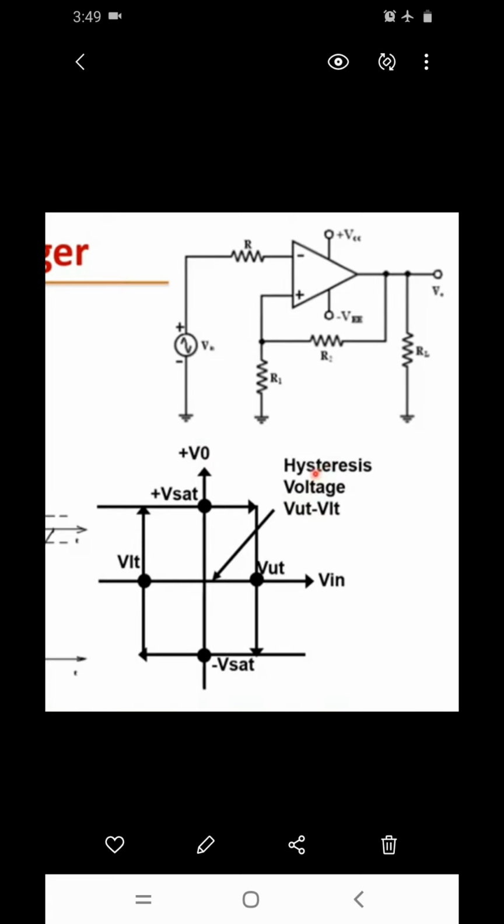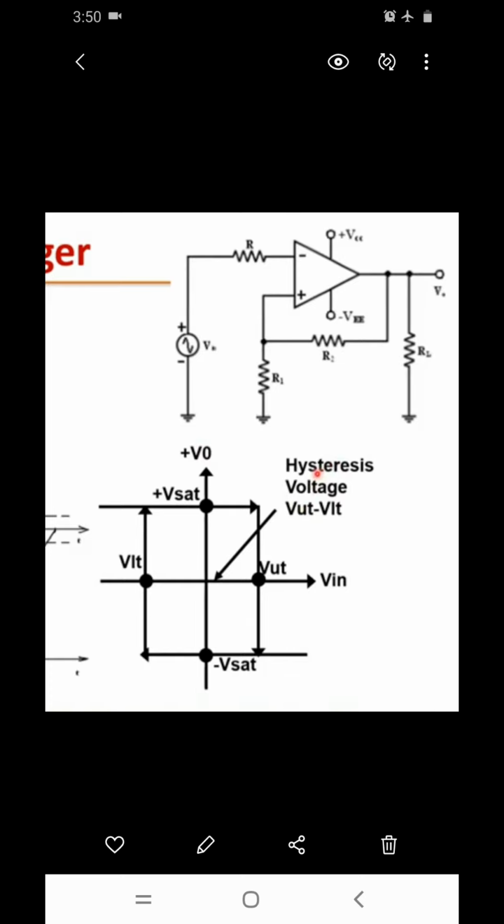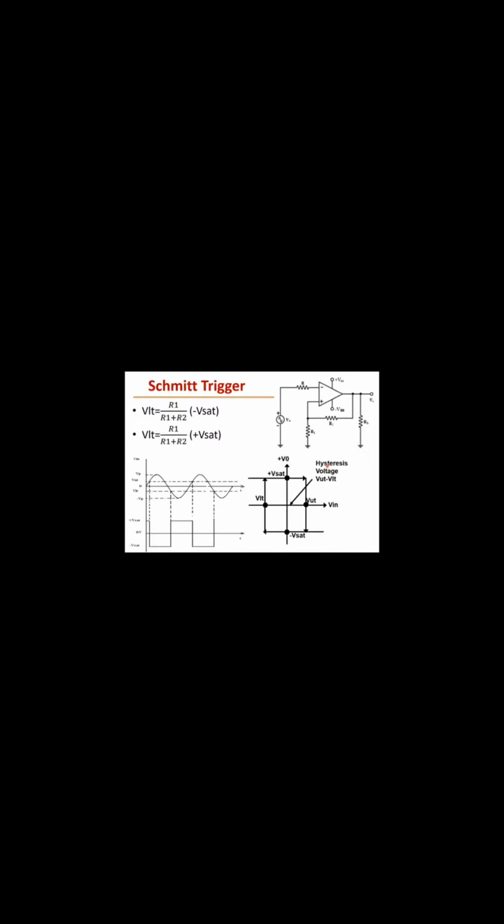That is, when the input of the comparator exceeds this VUT, its output switches from plus Vsat to minus Vsat, and reverts back to its original state, that is plus Vsat, when the input goes below VLT. The hysteresis voltage is equal to the difference between VUT and VLT.